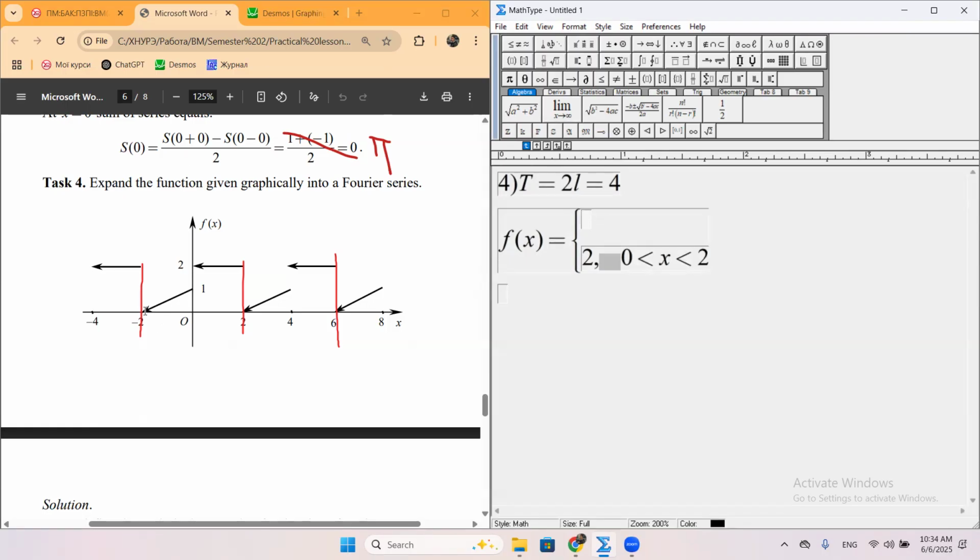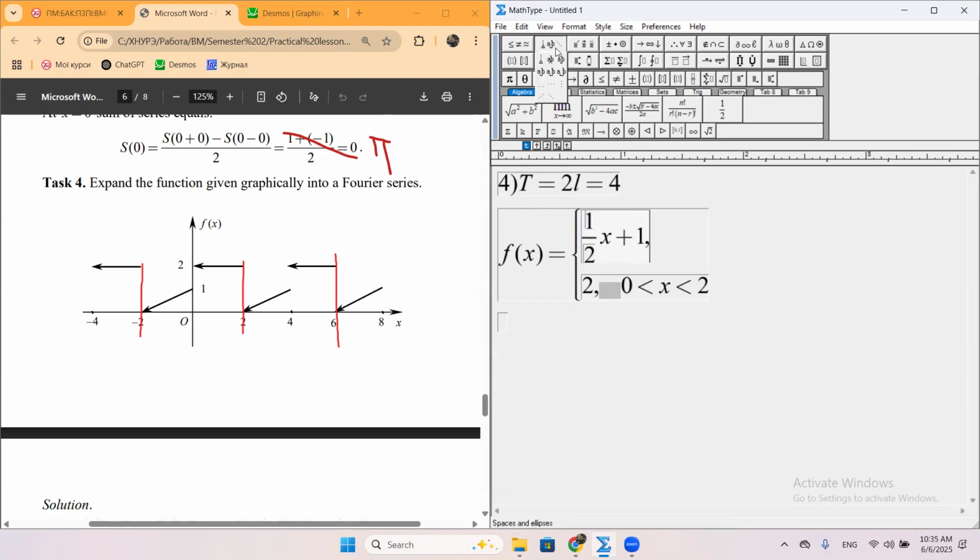So we can see that angle coefficient is 1 over 2. So 1 over 2 x, and shift to the upper side is 1. So 1 over 2 x plus 1, if x is from -2 to 0. So this is the expression.